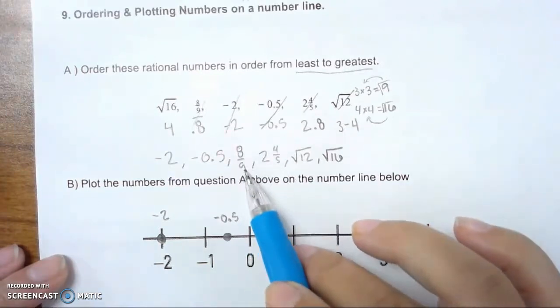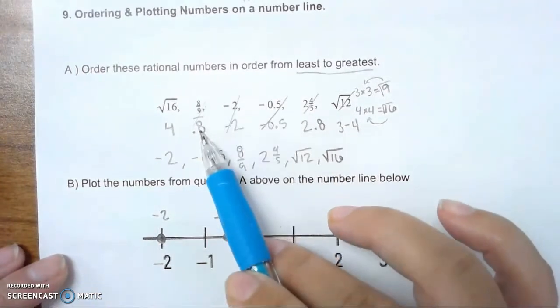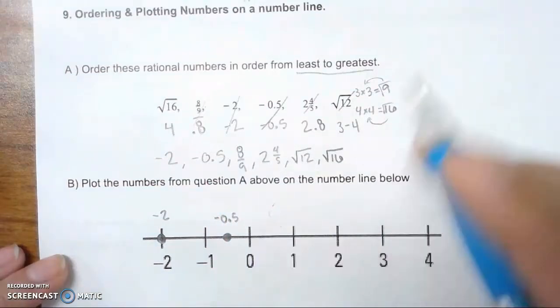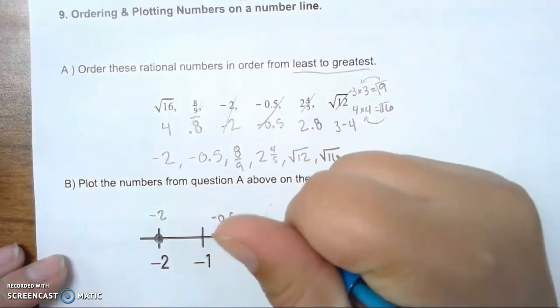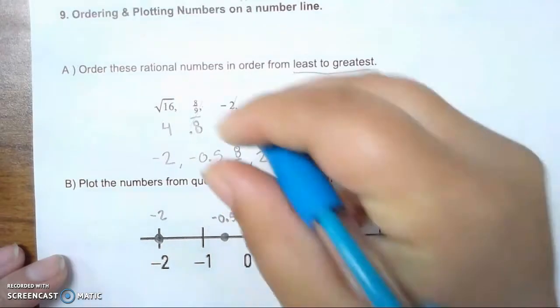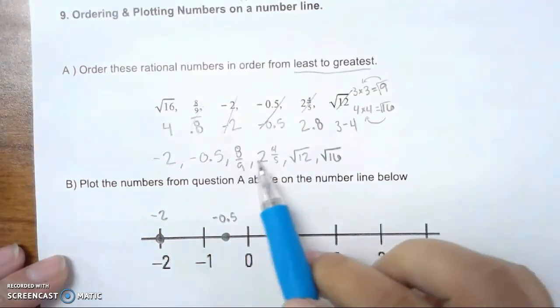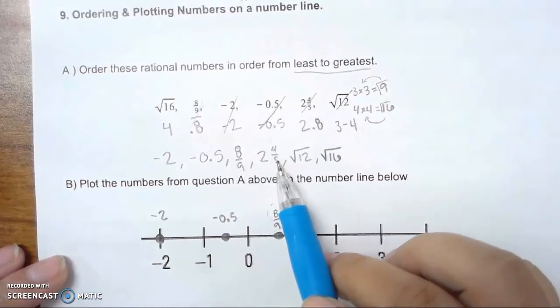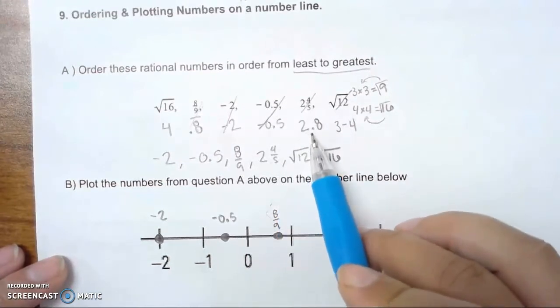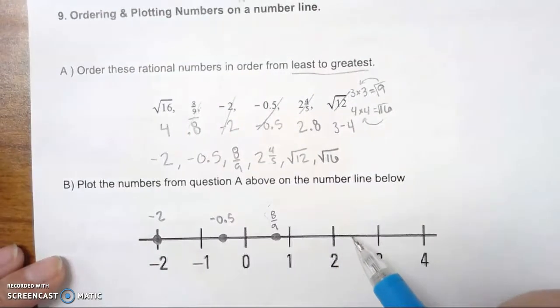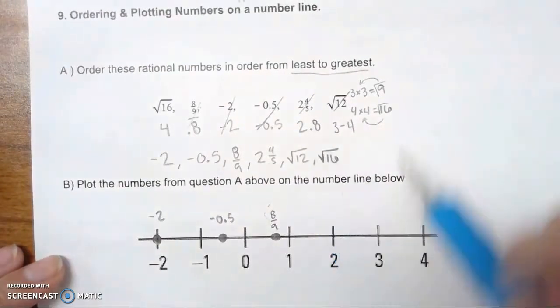Then we have 8 over 9. I look back, we saw 8 over 9 was 0.8. So 0.8 isn't quite to 1 yet, but almost. And that's going to be 8 over 9. Then we have 2 4/5. We said that's 2.8. So I go to the 2, I'm closer to the 3.